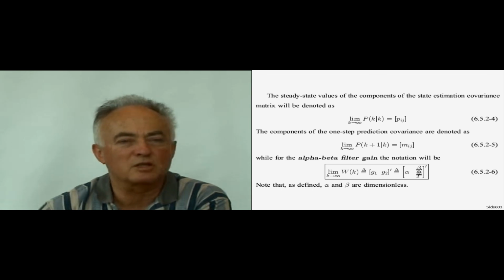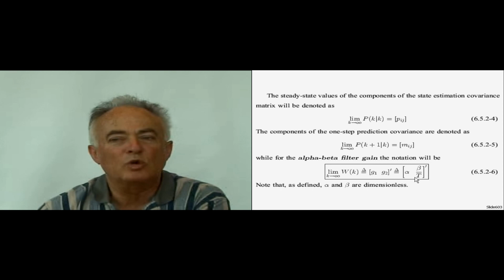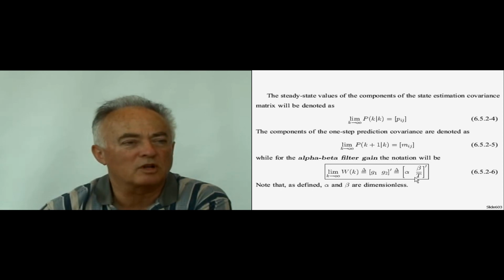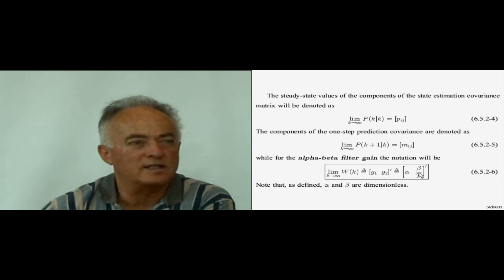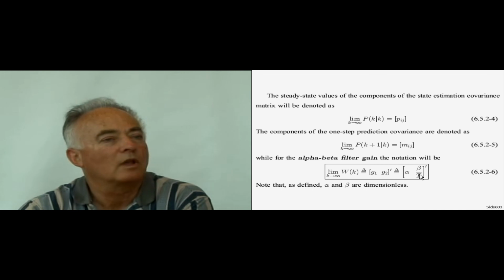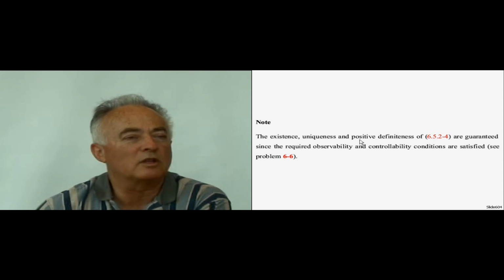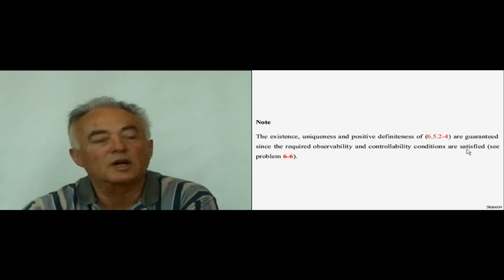So it would be a scalar beta, dimensionless, divided by T. So alpha and beta are dimensionless, and the real gain is alpha and beta over T in column vector form. The two numbers we need will be the dimensionless alpha and beta. So there are 8 unknowns in this case. As indicated before, existence, uniqueness and positive definiteness of the steady state covariances are guaranteed because the required observability and controllability conditions are satisfied.